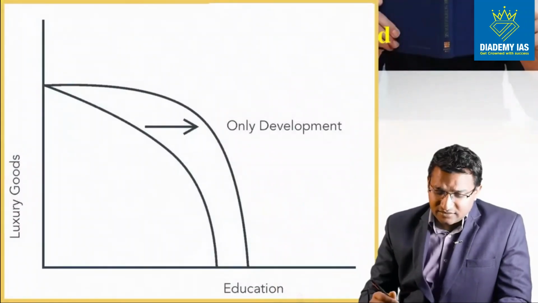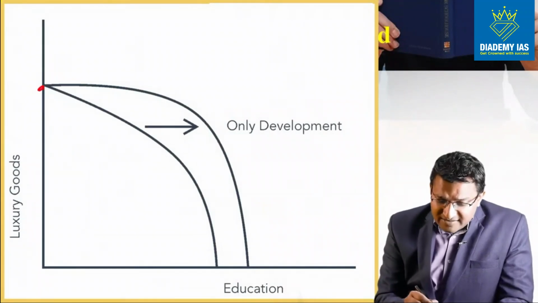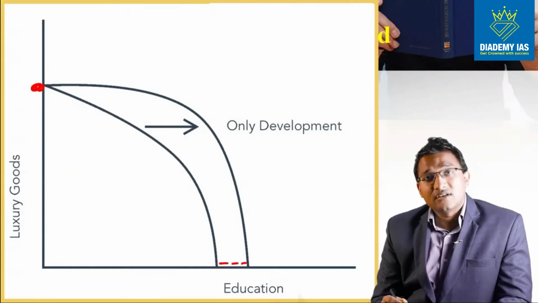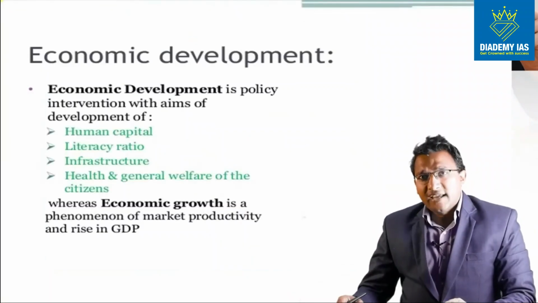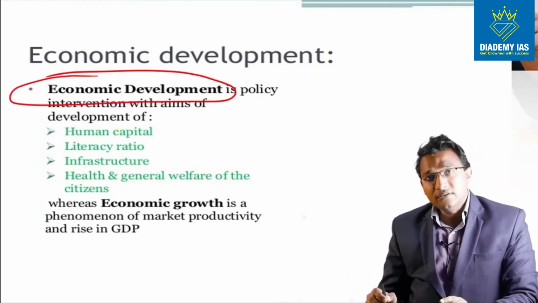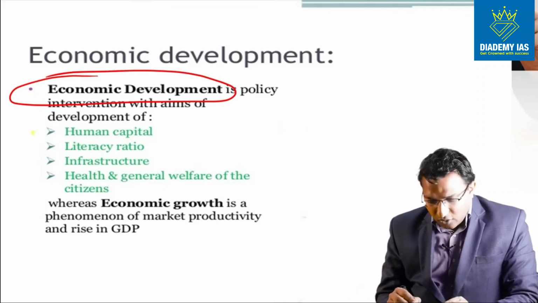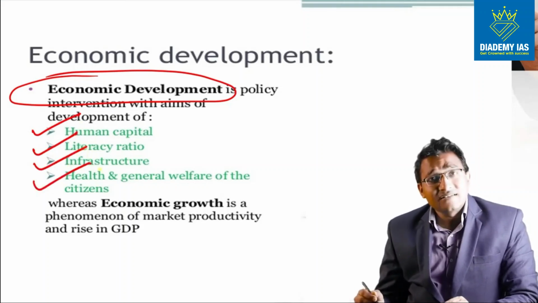In the next diagram you can see that luxury goods remain the same, but education is increasing. So this can be the phenomenon of a developing country. So can we say that economic development deals with the interventions which promote human capital, literacy ratio, infrastructure, health and general welfare.